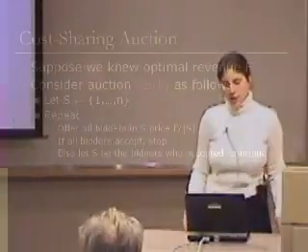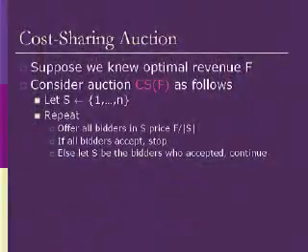In order to give you this polynomial construction, I'm first going to show you a randomized one and then tell you how I can run the same auction deterministically. So the randomized auction is based on this idea called the cost-sharing auction, introduced by Moulin and Shenker. Suppose you knew the optimal revenue F. Then you could define the following auction.